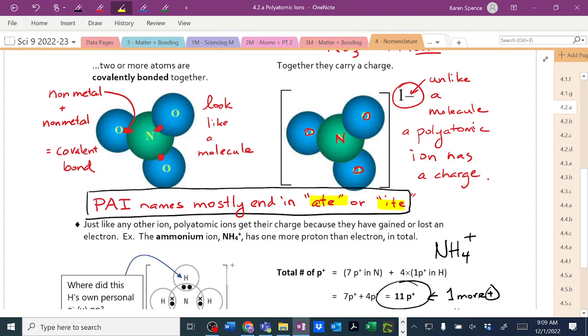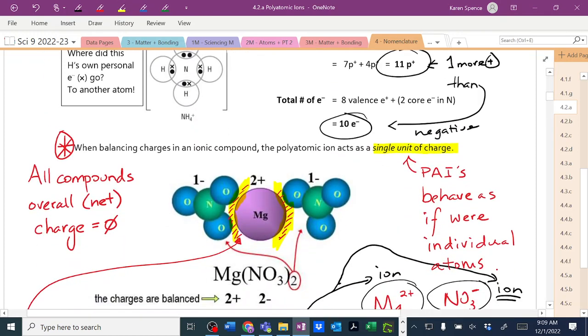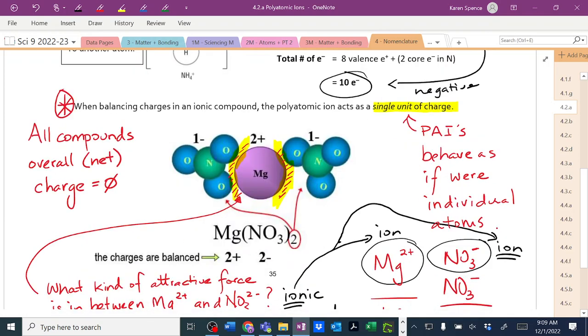So the polyatomic ion names, if you look at that pink sheet, they mostly end in -ate or -ite. And they really behave as if they were individual atoms. So we can treat them as though they were a single atom, even though they are several atoms which are stuck together. Okay?